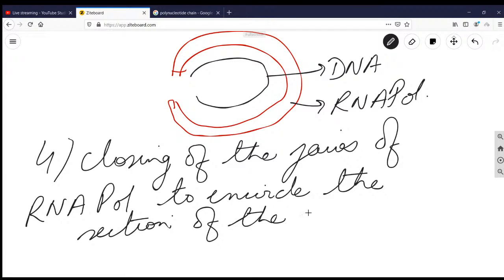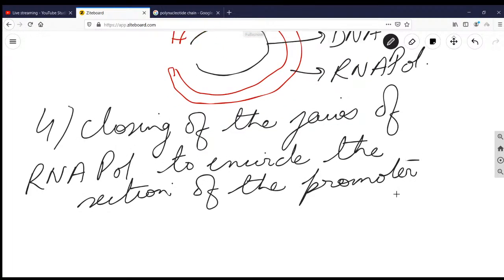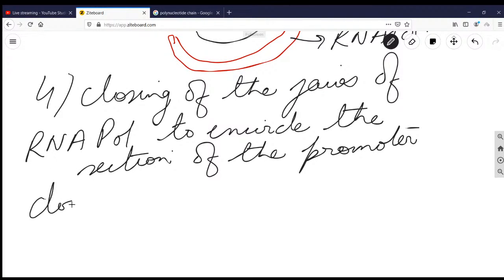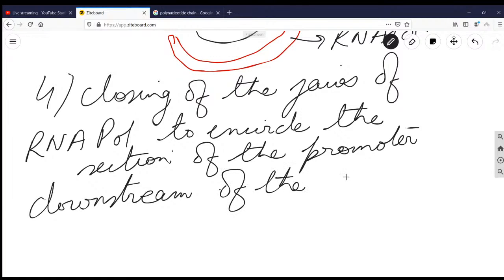If at all any promoter exceeds downstream of the transcription site. So there are those kinds of promoters also, very special promoters. We can write down and circle the promoters which are downstream of the transcription start site. And therefore the promoter will be scrunched.